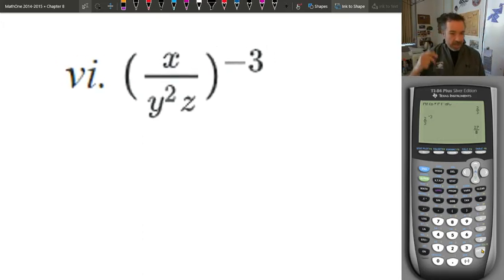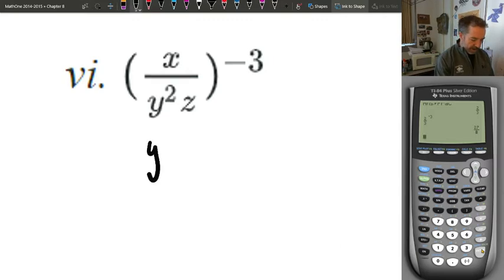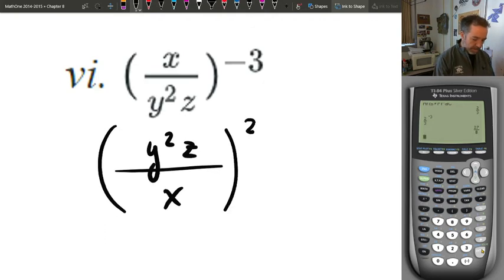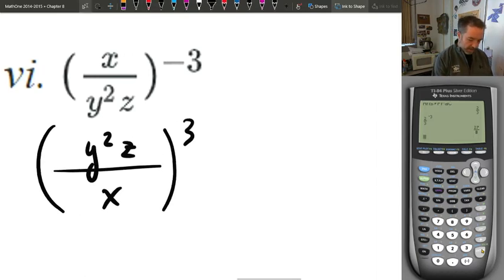How about this one? Okay, so I can make it a positive exponent by flipping the fraction. So it's going to become y squared z. That's going to go to the numerator. And this x is going to go in the denominator. And I'm going to cube the whole thing, right? To cube it means to multiply 3 copies of it. So I could do this also as a numerator and denominator separately.